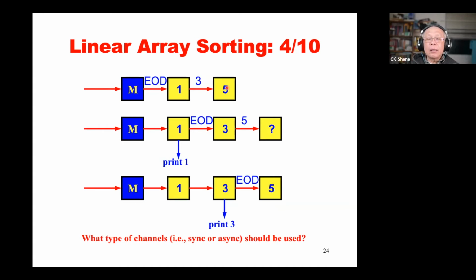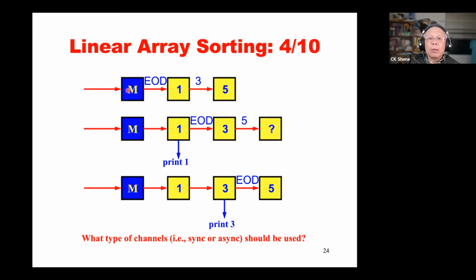The second sorting thread is created and gets the number sent to it, which is 5. The first sorting thread receives 3, and 3 is larger than its current number, so 3 is sent to its successor through the channel.